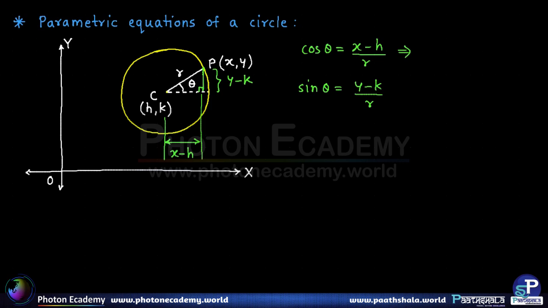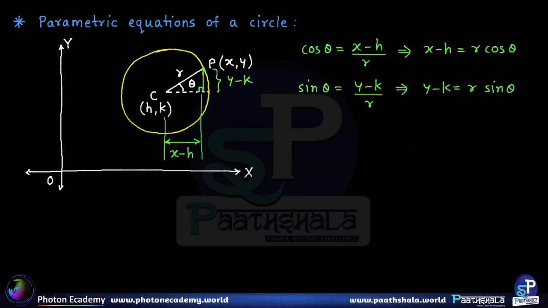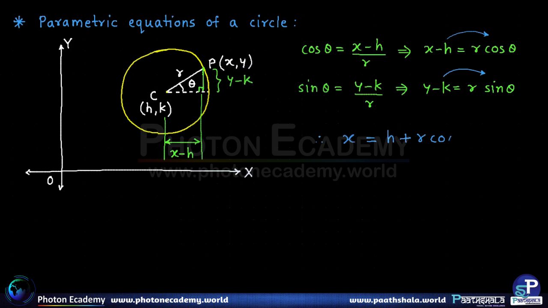So that gives us x minus h is equal to r cos theta, and y minus k is equal to r sin theta. Finally, if we take h and k to the respective right hand sides, we get the final expression as x is h plus r cos theta, and y is k plus r sin theta.